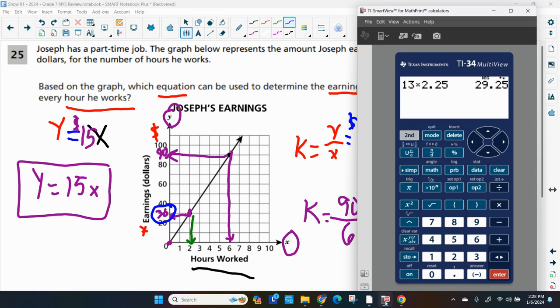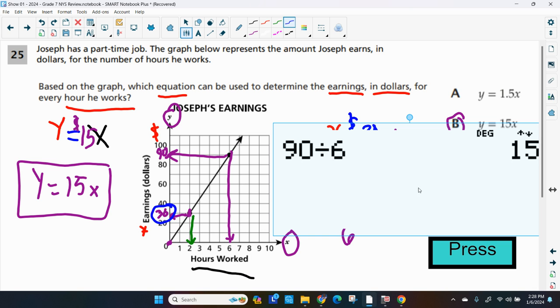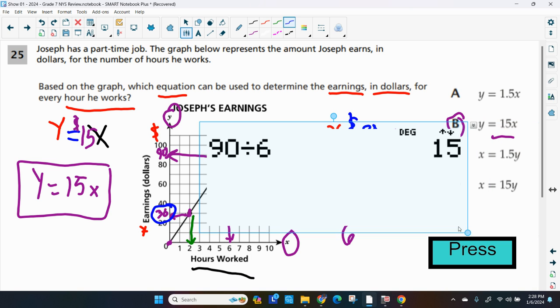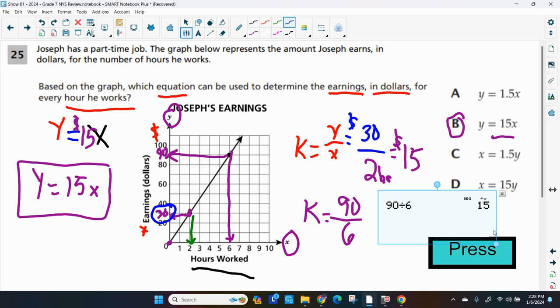I know you know, but I'm going to get my calculator just to be sure. 90 divided by 6. And that'll give us a constant of proportionality just to make sure we were sure about our answer. So his equation is every time he works an hour, he gets $15 for each hour. So that was choice B.